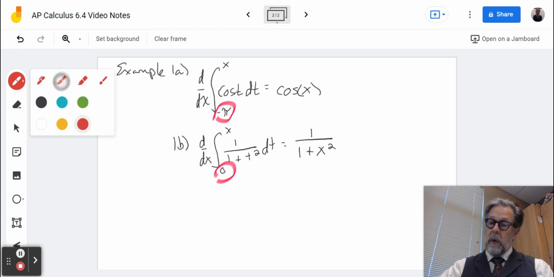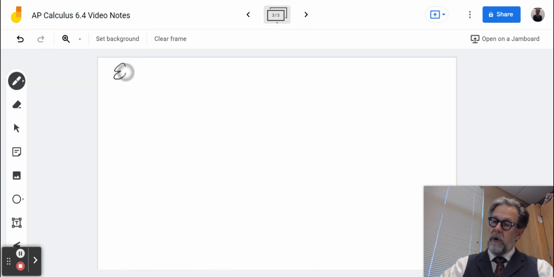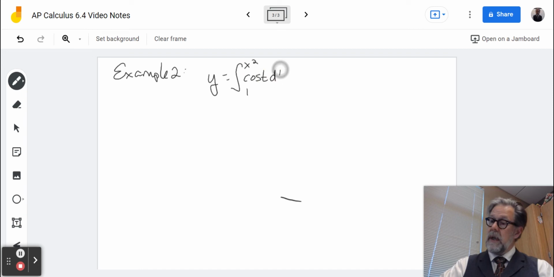So let's do another quick example using the chain rule. Example 2. We are looking for y equal to the integral from 1 to x squared of cosine of t dt, and we want to find the derivative of y with respect to x.